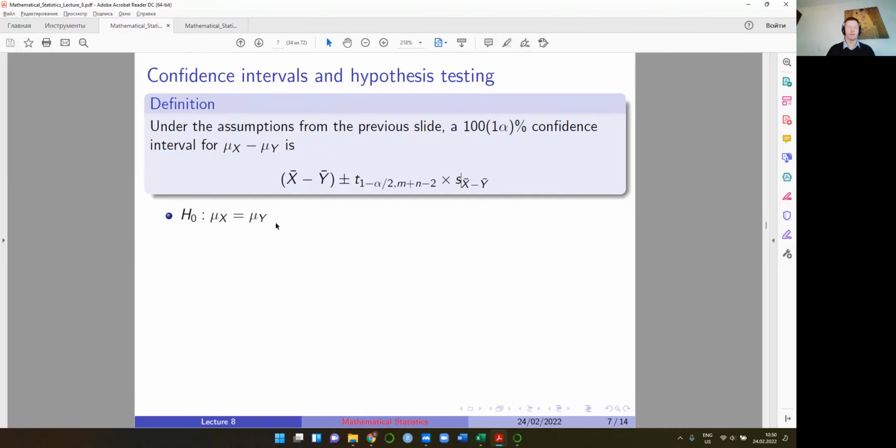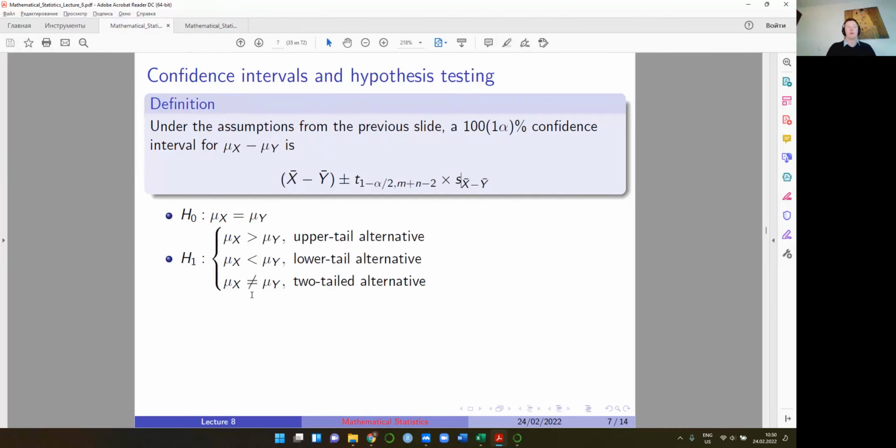Well, what is the alternative hypothesis? There are three different versions, as we had in the previous lecture. So either it might be an upper tail, one-sided alternative, that the treated group has a larger effect than the control group. It might be a lower tail alternative, that the treatment group has a lower value of the effect than the control group. Well, it's also reasonable, right?